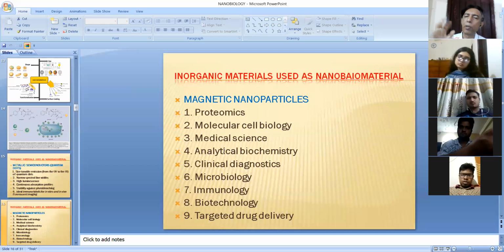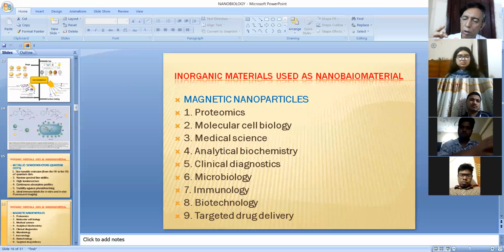So these are the nanoparticles. What are the nanoparticles? We saw noble metals. Noble metal means silver and gold. Mainly gold is used, silver and gold.